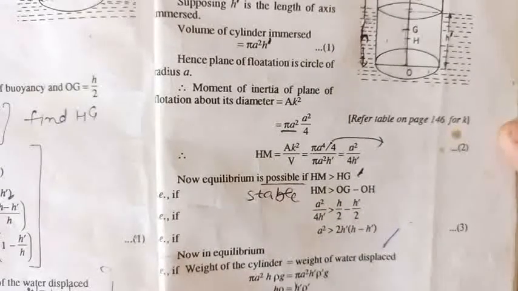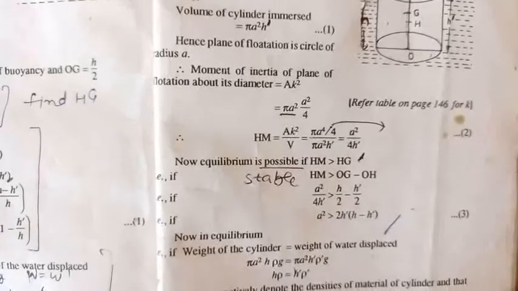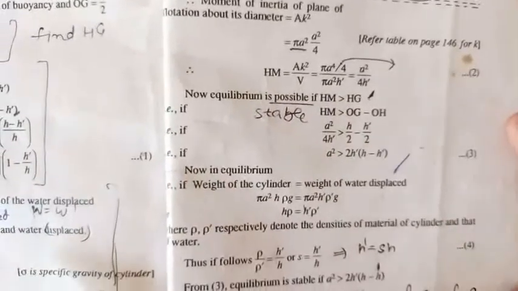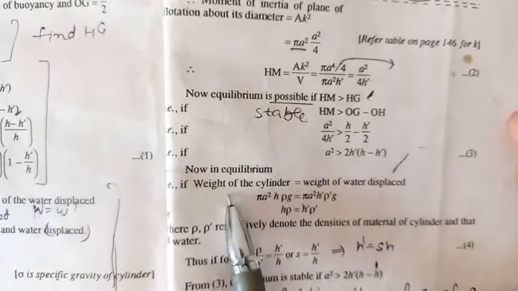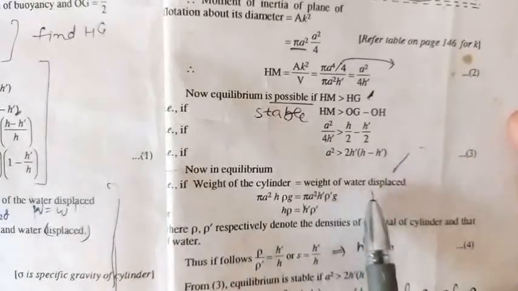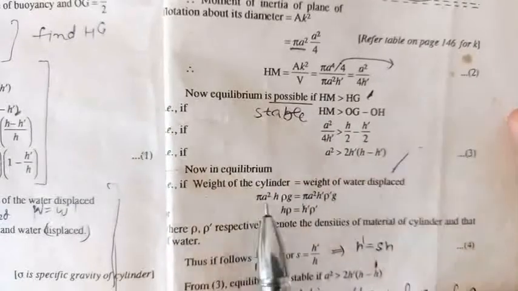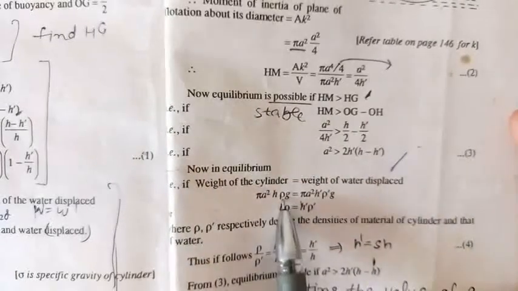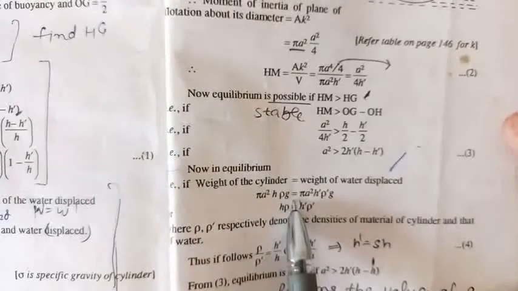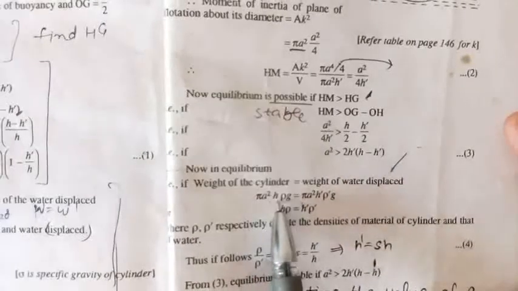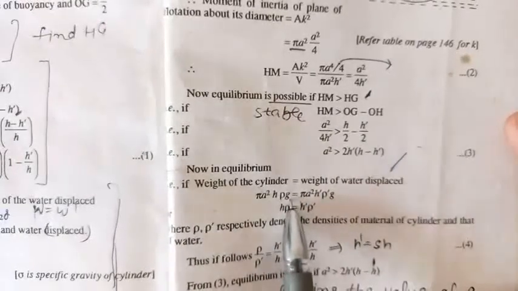Now in the next step, let us apply the condition of equilibrium, meaning the weight of the cylinder is equal to the weight of the liquid displaced. Weight of the cylinder means volume of the cylinder into density of the cylinder into g. Let us take the density of the cylinder as rho. So the weight will be pi A square h into rho into g.